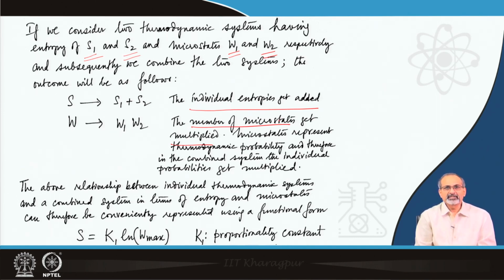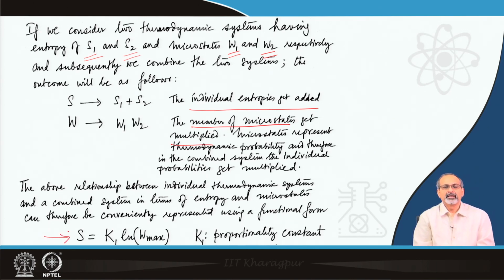Now, the above relationship between individual thermodynamic systems and a combined thermodynamic system in terms of entropy on one hand and microstates on the other can therefore be conveniently worked out if you have a functional form of this kind.